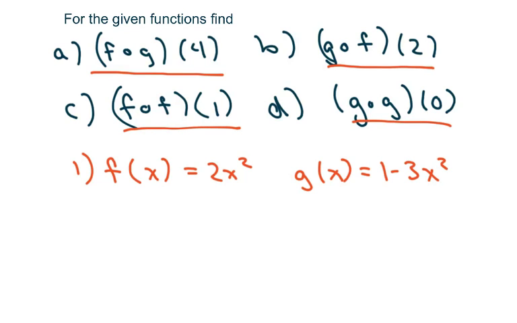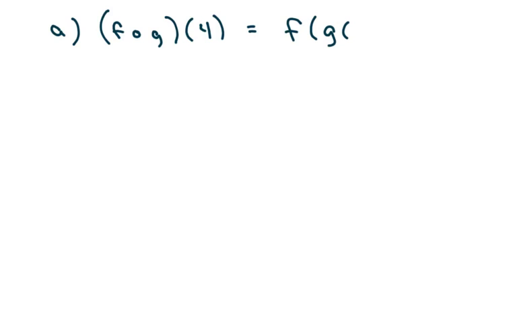So for the first one, we're going to do A and find f of g of 4, which we're going to rewrite as f of g of 4. We're going to take care of the inner function first.